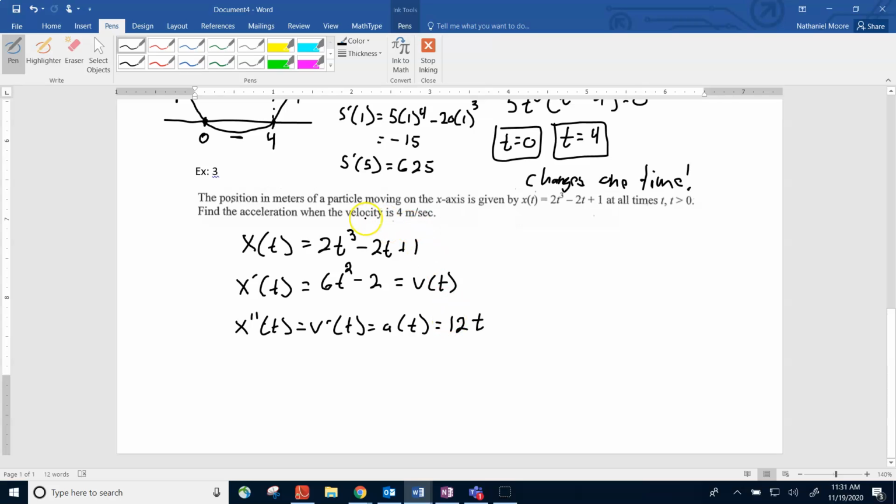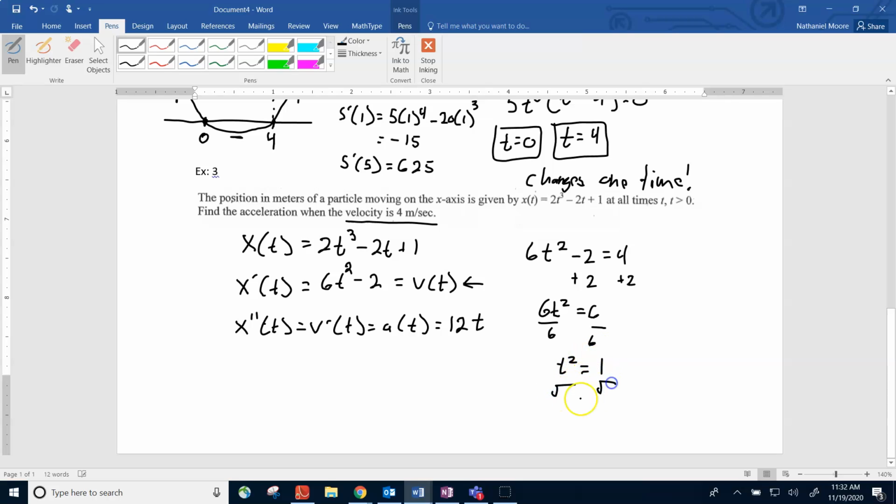So what are we trying to do? Well, we're trying to find out when our velocity is 4 meters a second. To do that, we're going to take our velocity, which is this equation, and make it equal to 4. So we have 6t to the power 2 minus 2 is equal to 4, and we're going to solve for t. So plus 2, we have 6t to the power 2 is equal to 6, divided by 6, divided by 6. t squared is equal to 1.